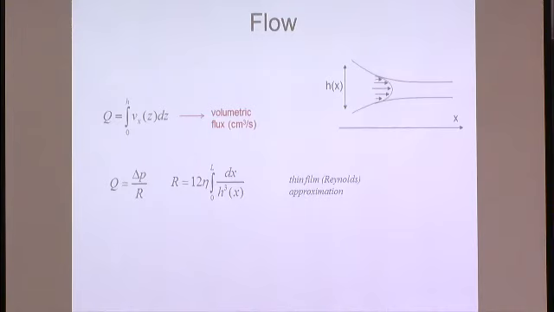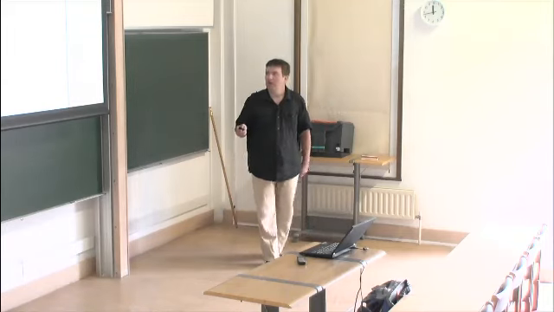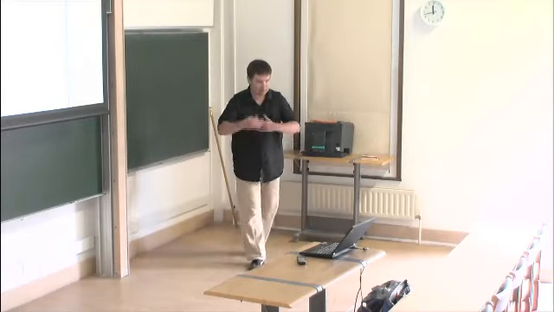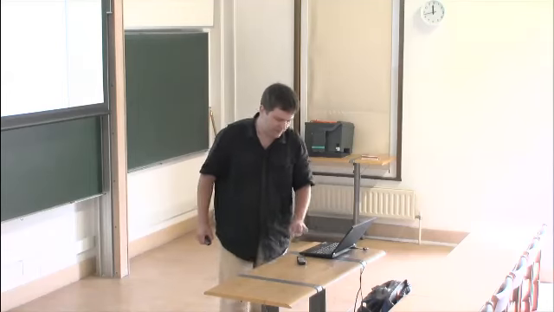And then you get a linear relation between the volumetric flux, or the flow integrated over the z dimension, and the pressure gradient, where R is sometimes called the hydrodynamic resistance, and it's proportional to 1 over the third power of the aperture, just as in a normal Poiseuille flow.